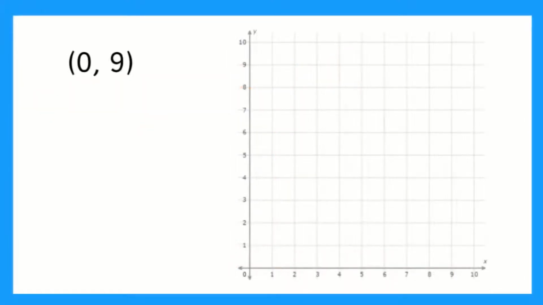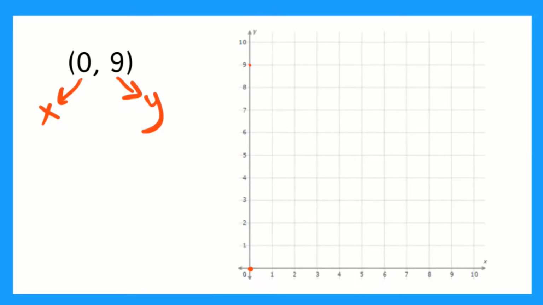Now what if I have a 0 for my x-coordinate, but I have a whole number 9 for my y-coordinate? So 0 on my x-coordinate means from the origin I haven't moved. So my x-coordinate lives right there at 0. But my y-coordinate lives up here at 9 on the y-axis.